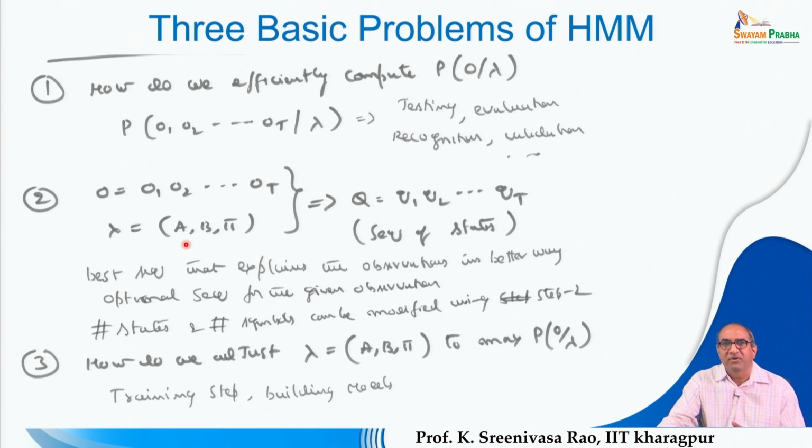Suppose, for example, we model with only 2 states. When we analyze the feature vectors, all of them are filled into only those 2 states.